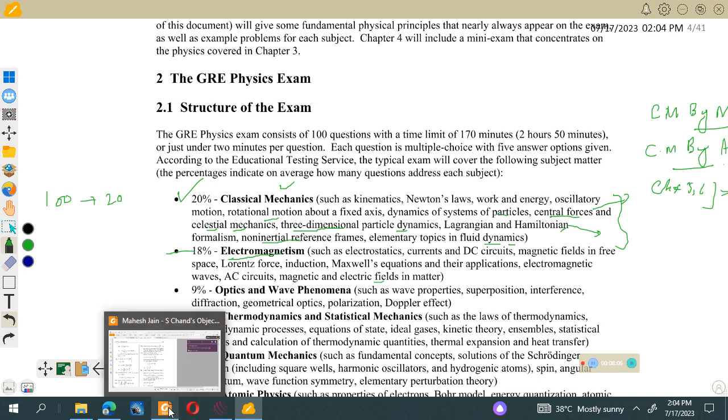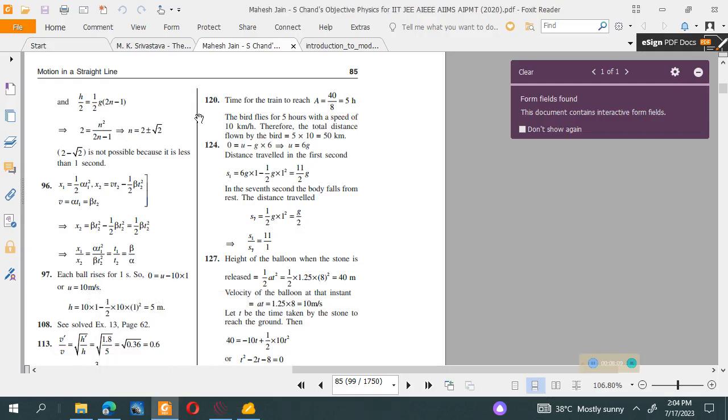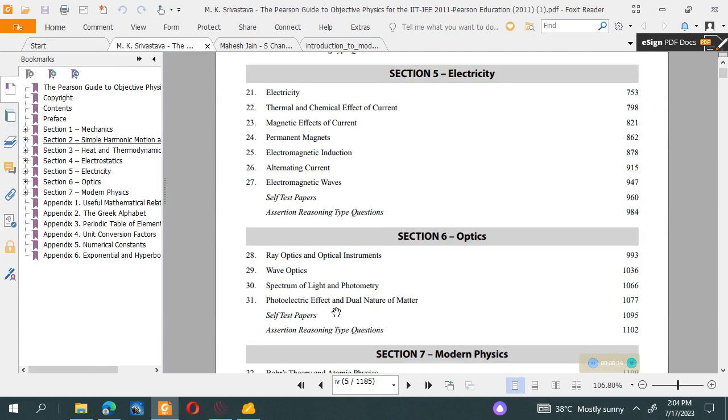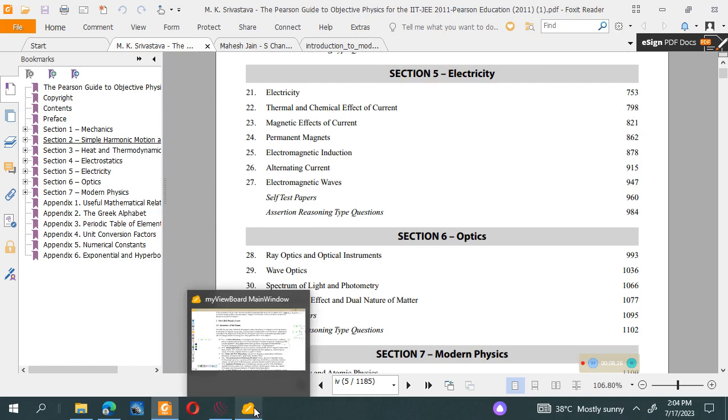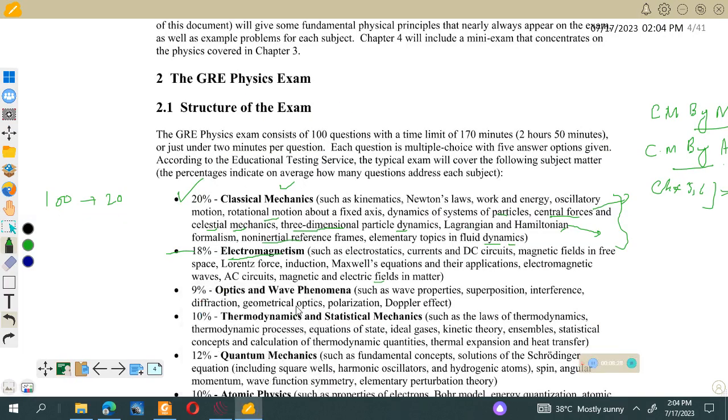For the optics portion, both of the books I recommended contain it: ray optics, optical instruments, wave optics, spectrum of light and photometry, photoelectric nature. You can consult these for the optics portion.